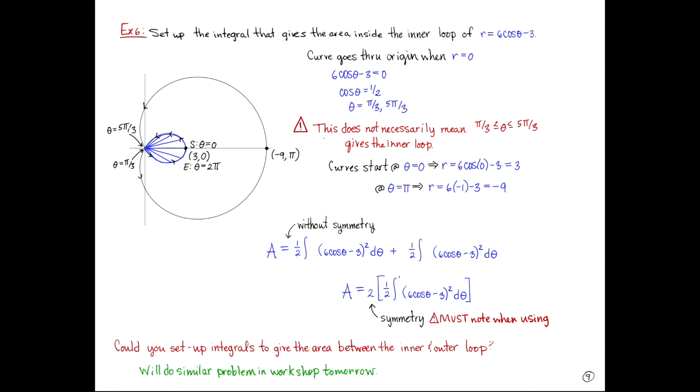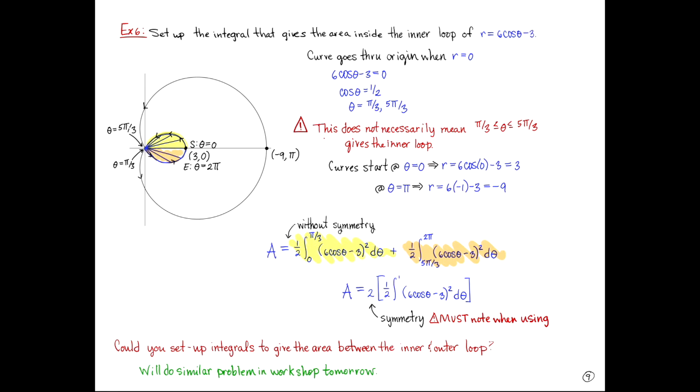If we wanted to find this area without using symmetry, then we start at theta equal to 0 and go to pi over 3, giving us this portion of the area. And for our second integral, our bounds would be from 5 pi over 3 to 2 pi, corresponding to the area shaded here in orange.